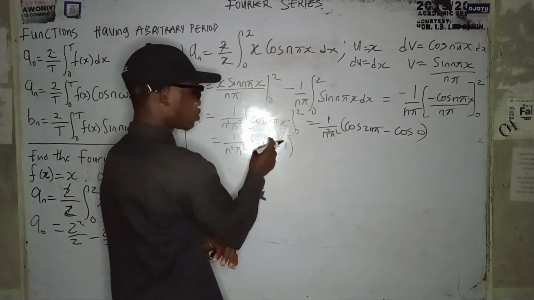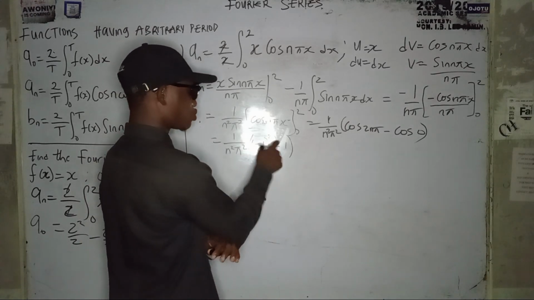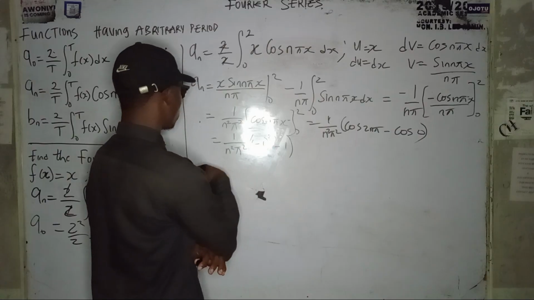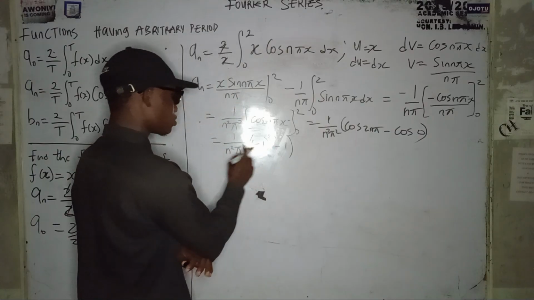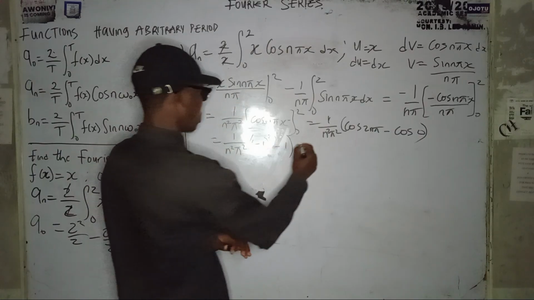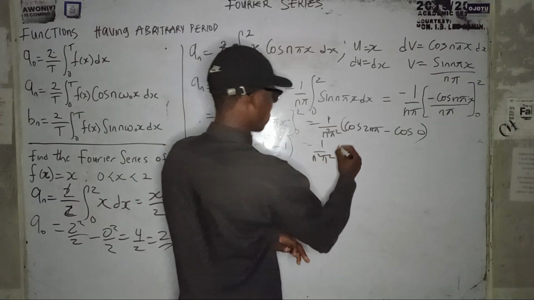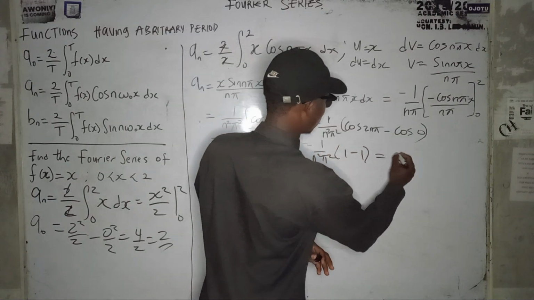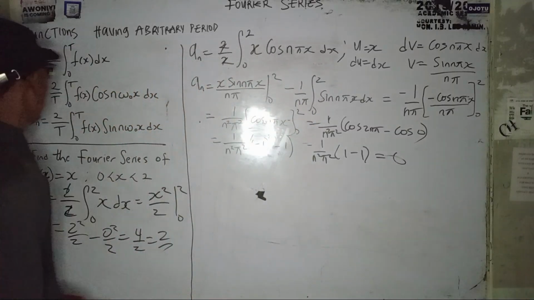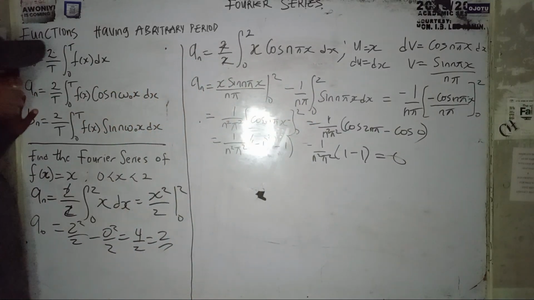That is to say, because of the square here, the 2 is going to be the main value of the power. So we have 1 over n square pi square of into bracket 1 minus 1, which will end up giving us 0. Therefore, our value for an is equal to 0.